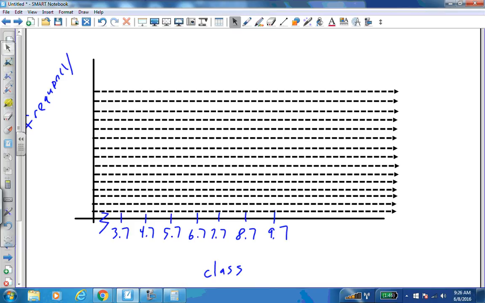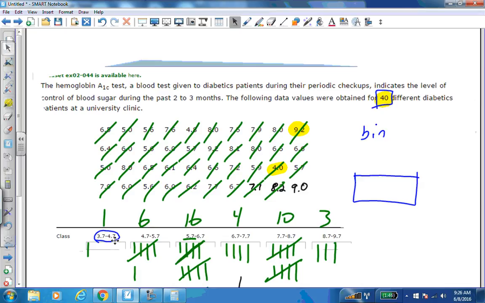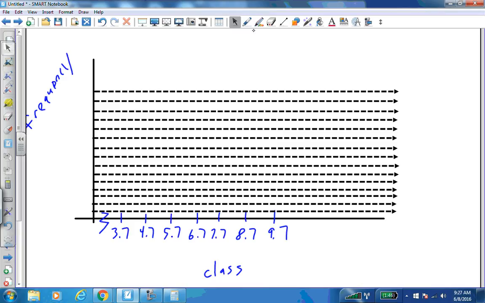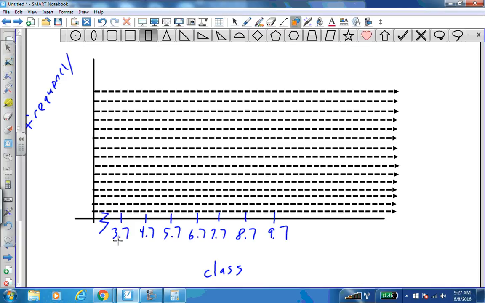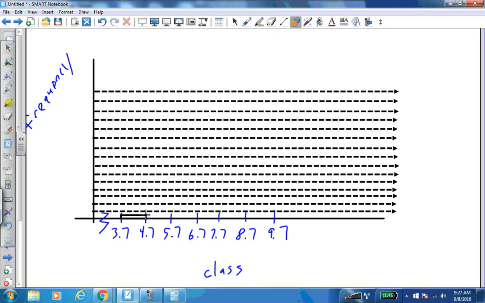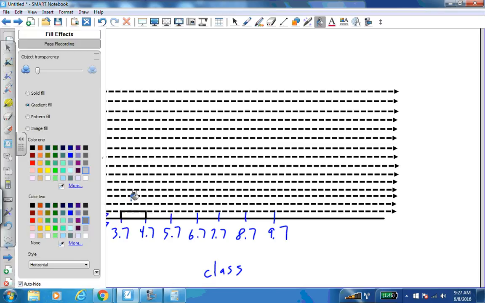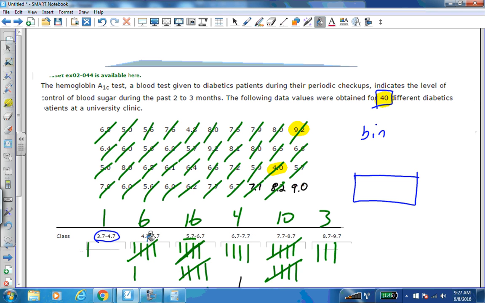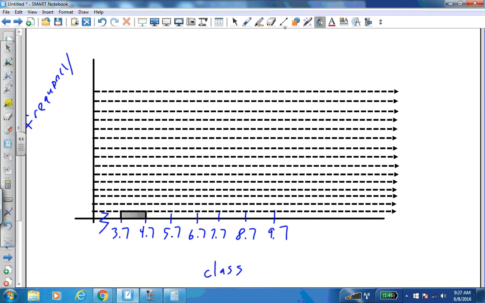On the test, I'll give you a grid, some graph paper or something that you can use when you're constructing a histogram. So our first class, our first bin has a frequency of 1. So for a histogram, we would construct a bar. It goes up 1. And I'm just going to color that in. Our second class has a frequency of 6.